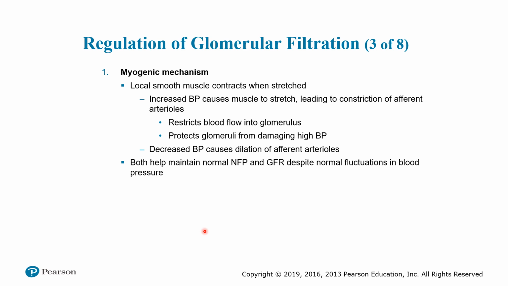In this way, they restrict the blood flow into the glomerulus, and they prevent the glomerulus from damage due to high blood pressure. Similarly, decreased blood pressure causes dilatation of the afferent arterioles, and both help to maintain the net filtration pressure and the glomerular filtration rate despite normal fluctuations in the blood pressure.